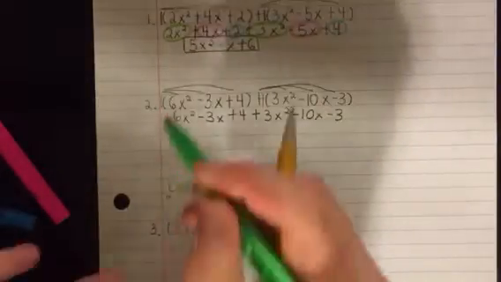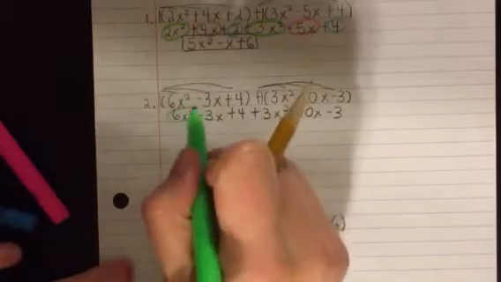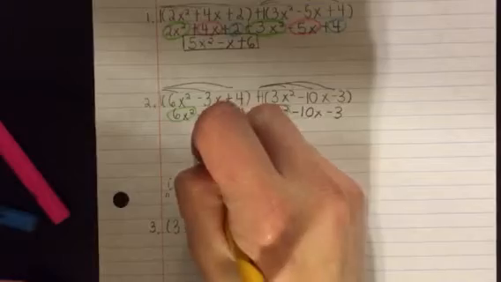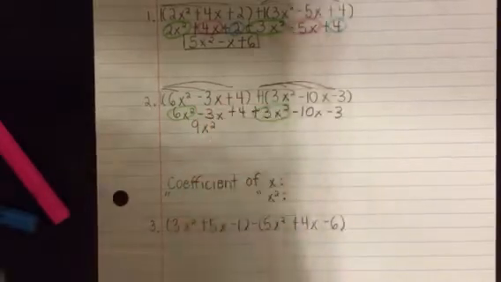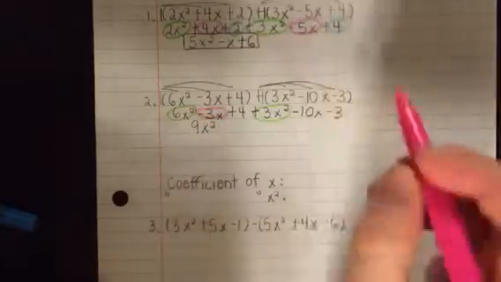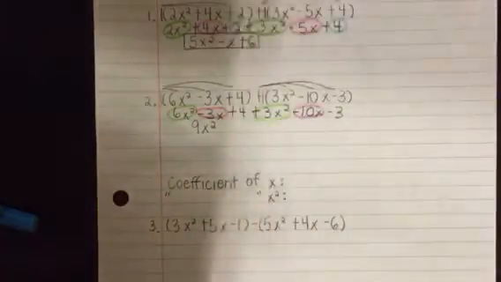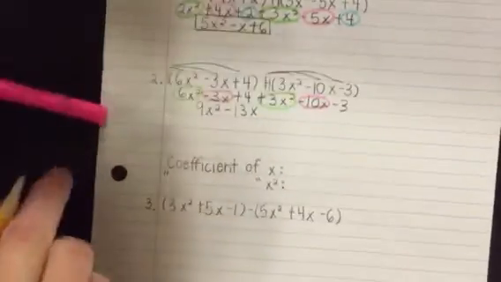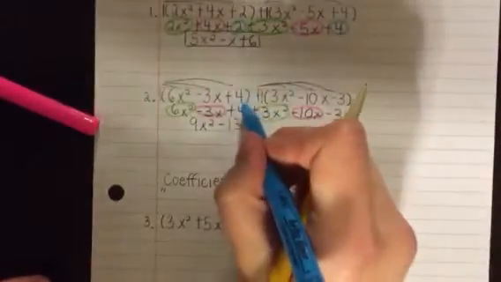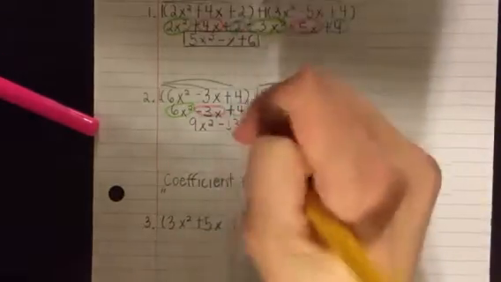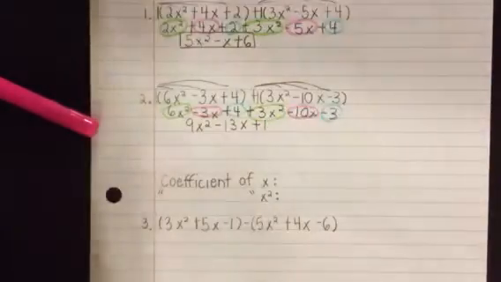So likewise, 6x squared can be combined with positive 3x squared, and that equals 9x squared. And then negative 3x can be combined with negative 10x, which equals negative 13x. And then last but not least, 4 can be combined with negative 3, which would become positive 1.